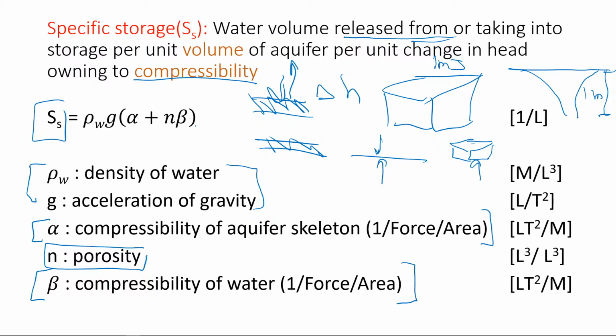Water is not everywhere here, only in the pore space, so you need to account for porosity, where water exists. If you do your dimensional analysis, you'll get the specific storage in units of 1 over L.